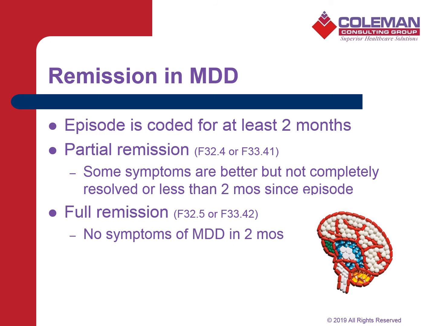Once the patient's symptoms are completely resolved, or it has been 2 months since the last episode, the clinician can code MDD in full remission if appropriate. It's critical to keep in mind that if the patient never met the criteria for MDD to begin with, he or she can't be considered to have MDD in remission.